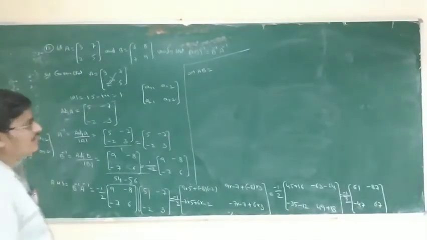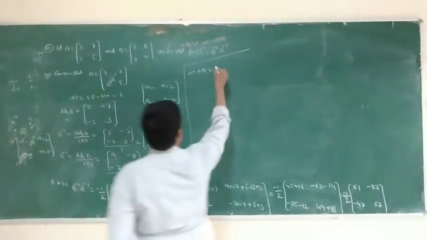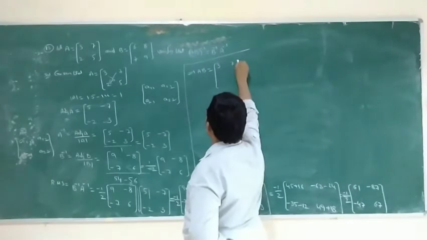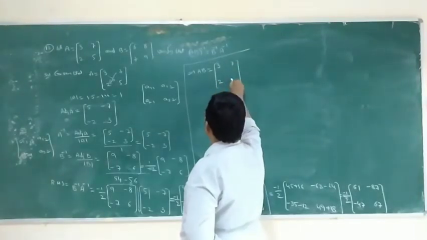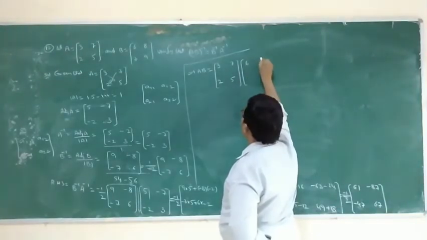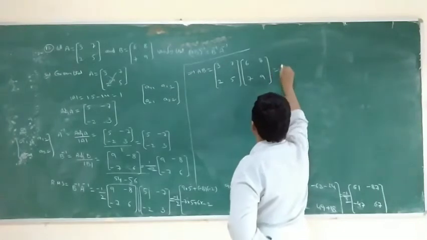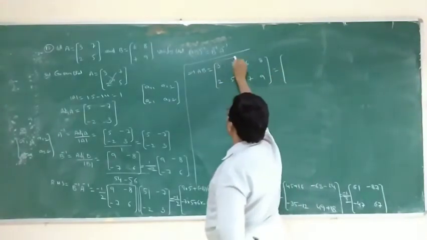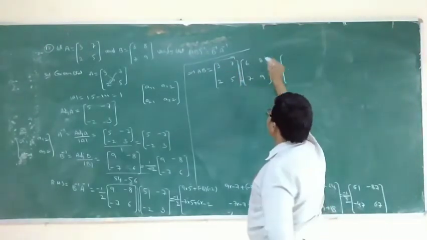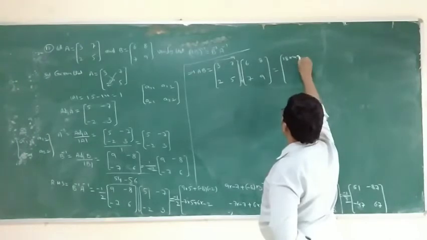Next, AB whole inverse. First we have to find out A into B. So first A is equal to 3, 7, 2, 5 into B is equal to 6, 8, 7, 9. How to multiply? First row, first column, first row, second column. 3 into 6, 18, plus 7 into 7, 49.